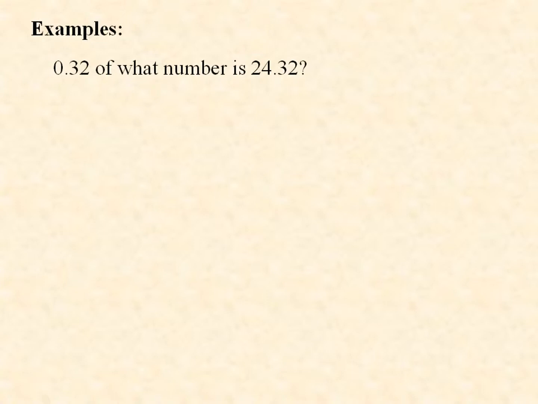0.32 of what number is 24.32? We will follow our pattern. D times of equals is. In this case, the D is the 0.32. The of part is what number, so we will write WN.